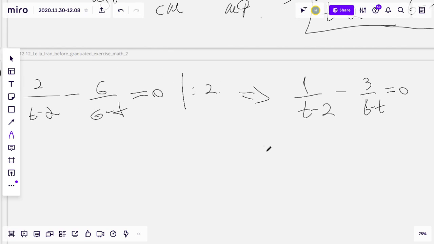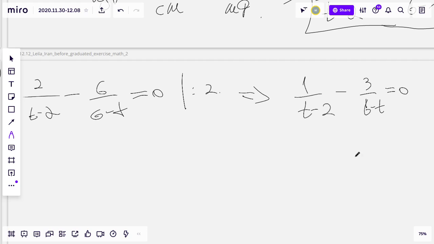But if we know that (t minus 2)(6 minus t) never equals 0, we can multiply both sides of the equation and get a new, simpler expression. But this way is more correct.